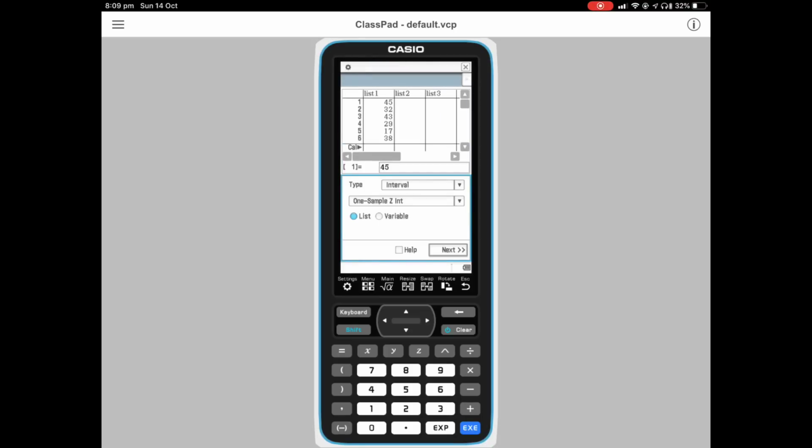Interval. Confidence level is 0.9. Sigma was 14. X bar is 133. N is 49. 129.7, 136.3.